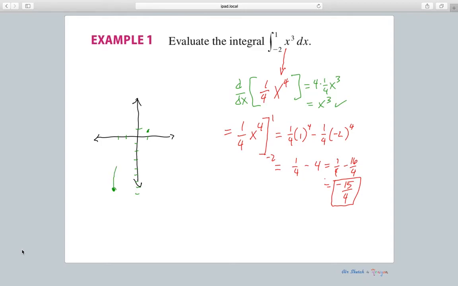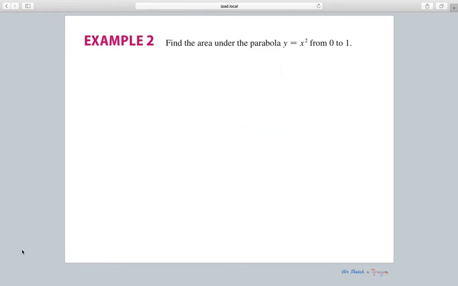And so this curve kind of looks like it's going like that. So we're finding the area between this curve and the x-axis, and the reason it's negative is because there's much more area here than there is here above the x-axis, right? And so remember, an integral is the net area between the curve and the x-axis, and in this case, the net area is just more negative than it is positive.